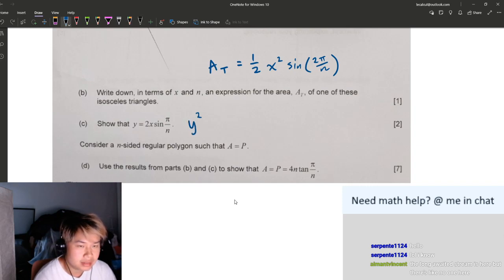So using cosine law, y squared is equal to x squared plus x squared minus 2x times x, well, I'll just write it like that for now, times cosine of the angle in between.